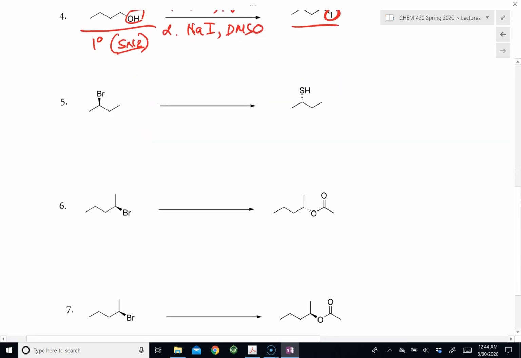And for number 5, let's now analyze the substrate and the stereochemical outcome. In the product, we see that it has the inverted configuration. That basically means that we have to perform an SN2 reaction.